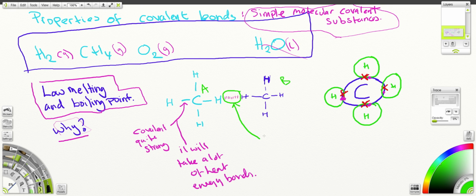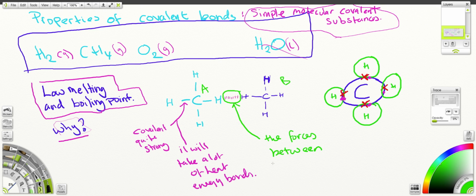Now, this is known as the intermolecular force, but you don't need to know that. All you need to know is that the force is between the methane molecules, or the oxygen molecules, or the hydrogen molecules.